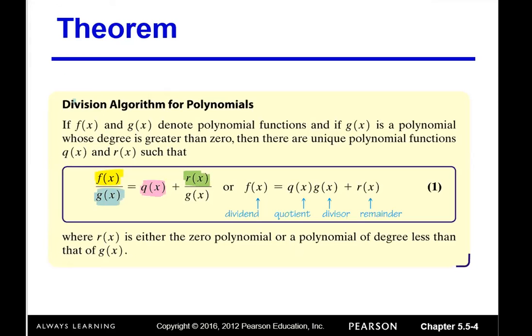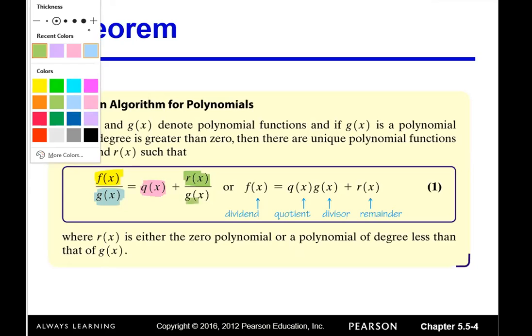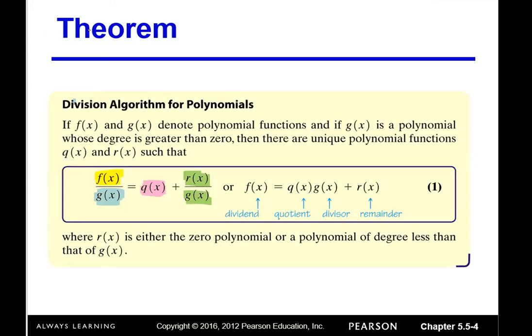But you'll notice that they put it over the g of x, which was in blue. They're making it look like a fraction, just like a minute ago when I took 2, divided into the 9, got 4. Let's see, that would be 8 with a remainder of 1.